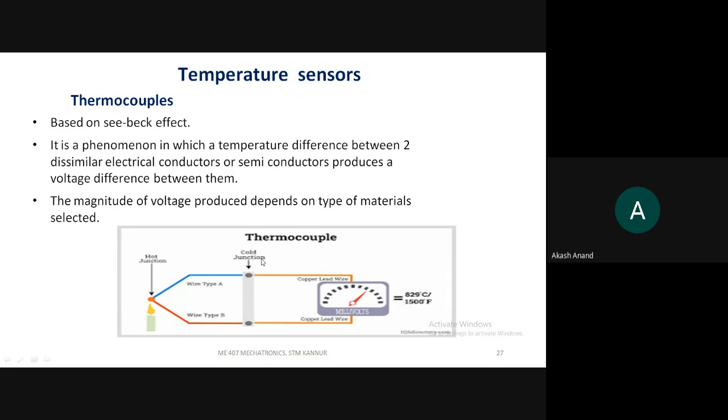The magnitude of the voltage produced depends upon the type of materials selected, that is aluminum, zinc, or some other. For aluminum and zinc it will be one value, for copper and aluminum it will be another value. So depending upon the type of material, we will get a different sensitivity for different thermocouples. I think you can understand what I'm talking about. So this is the basic principle of a thermocouple.